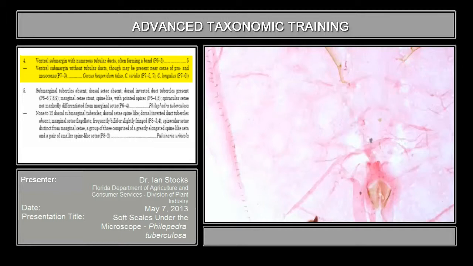Now we can go to key step 5. The contrast character for 4 is an absence of submarginal ducts. The genus Coccus, which has the brown soft scale and the green soft scale, the species hesperidum and viridis, very well-traveled scales, very common, very polyphagous, in some cases very pestiferous. That's actually a genus that's fairly depauperate with tubular ducts.